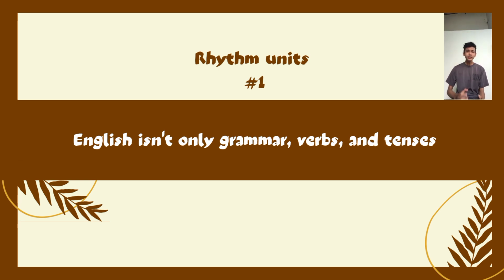English isn't only grammar, verbs, tenses, vocabulary or anything like that. When you write English, maybe you can write it correctly using the grammar, the tenses and the verbs, using the correct form of words and stuff like that.